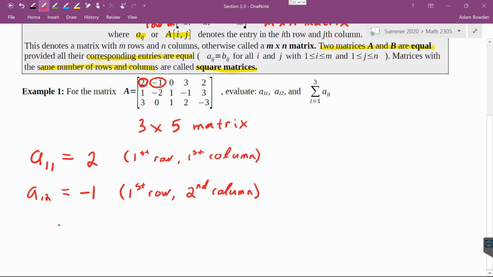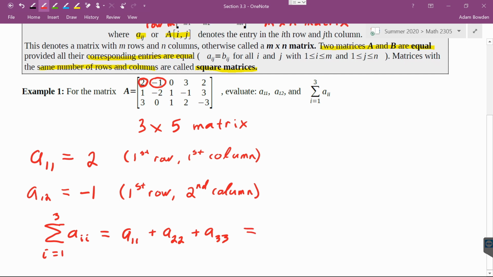And then our last thing here says the summation i equals 1 to 3 of A sub ii. So now we're going to start i from 1 and count to 3, adding the entries together. We start with A sub 1,1, then A sub 2,2, and then A sub 3,3. We add those together.